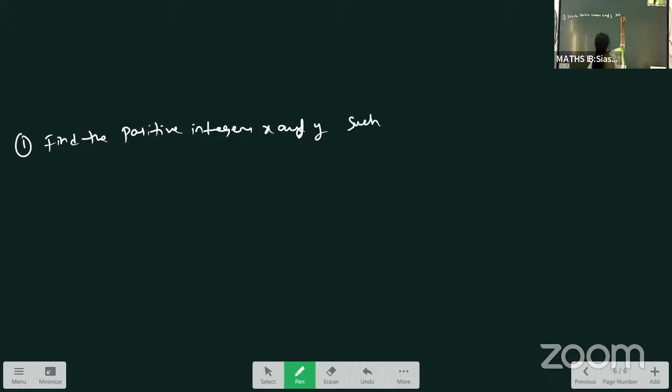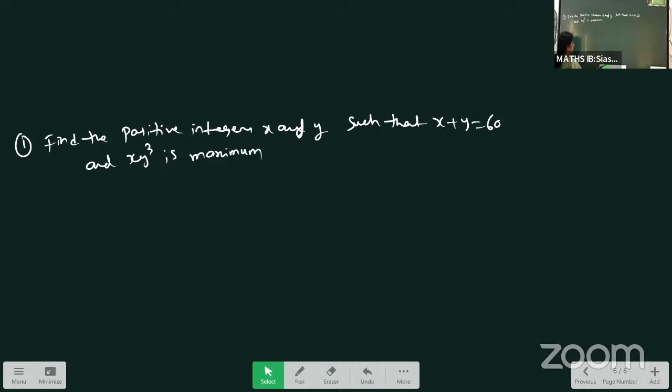Find the positive integers x and y, positive integers x and y such that x plus y is equal to 60, such that x plus y is equal to 60 and xy cube is maximum. Xy cube is maximum.